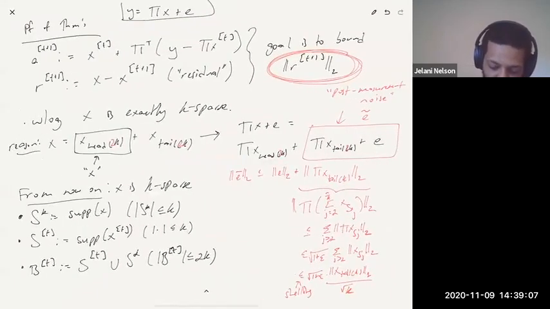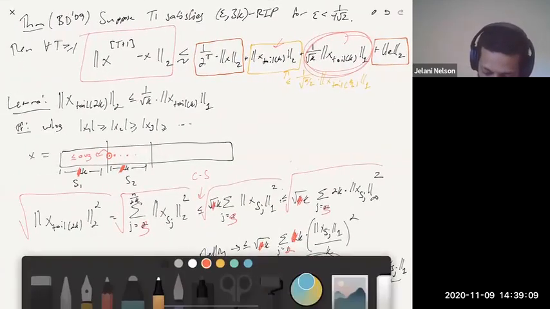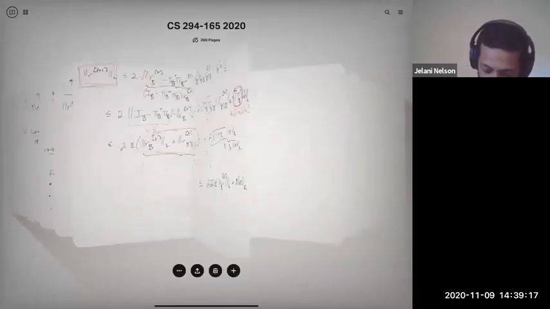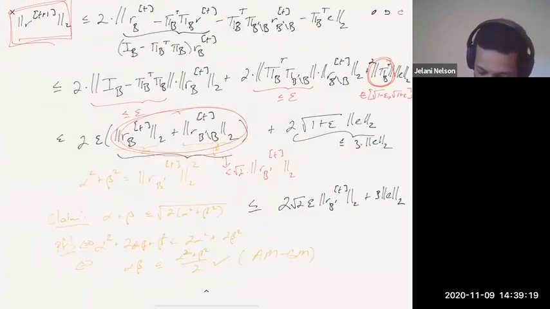Epsilon is less than 1 over 4 root 2. That was my condition. Now you see why. So now if I go back to where I was and use that fact, this is at most 1/2 times the L2 norm of RT B prime plus 3 times the L2 norm of E.